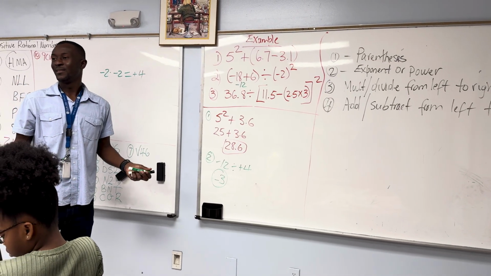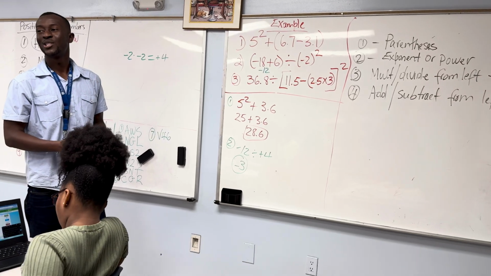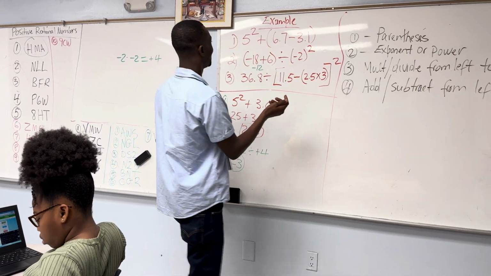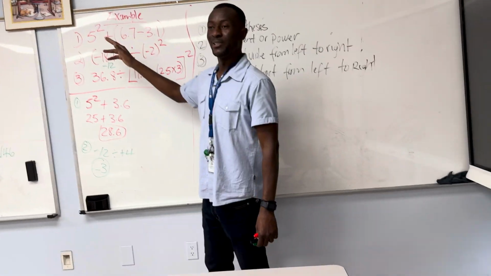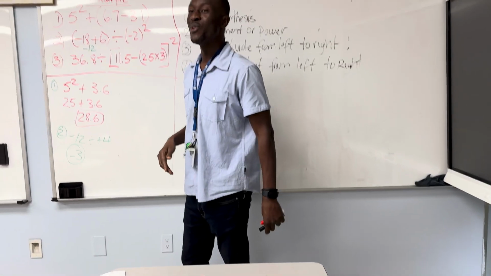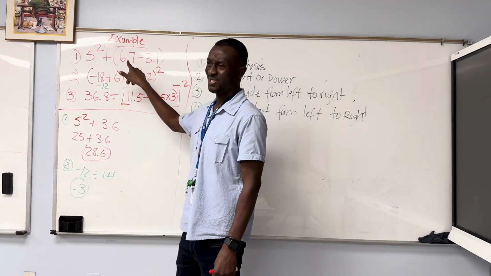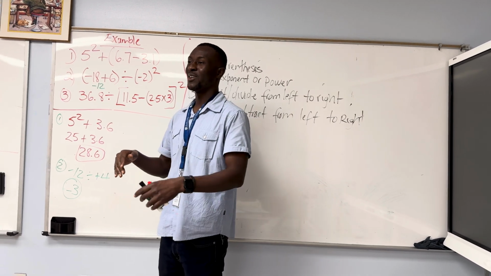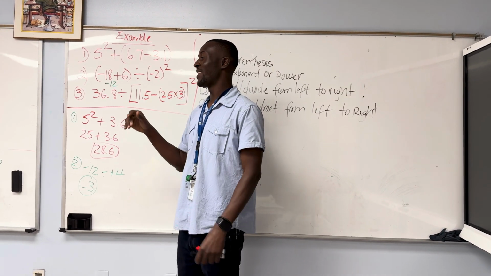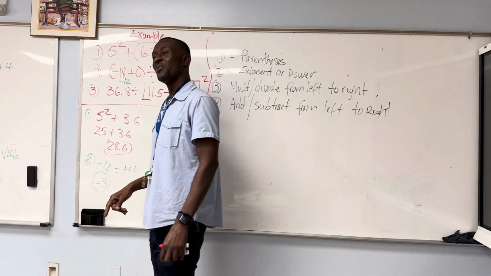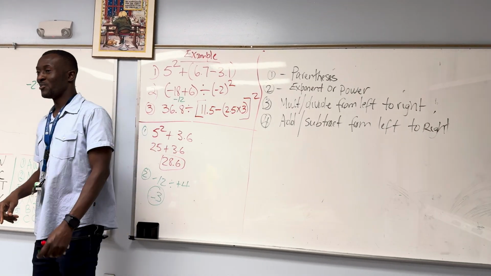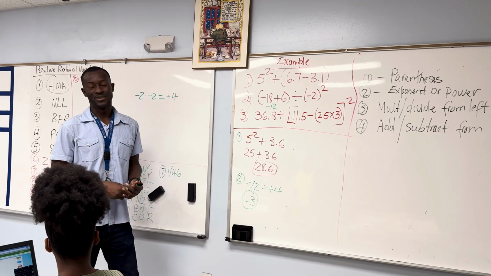First things first, you look at the expression. We call this type of expression a numerical expression because there are no variables. We don't get to algebraic expressions yet, but there is a difference.